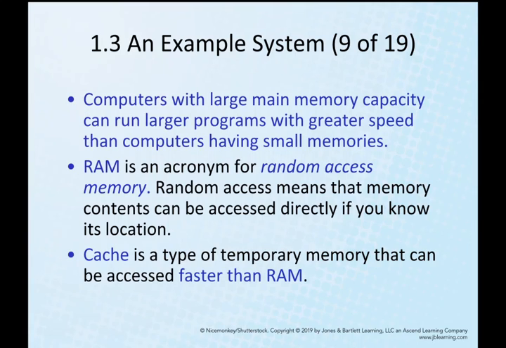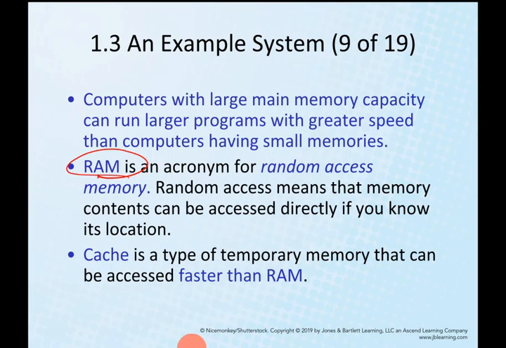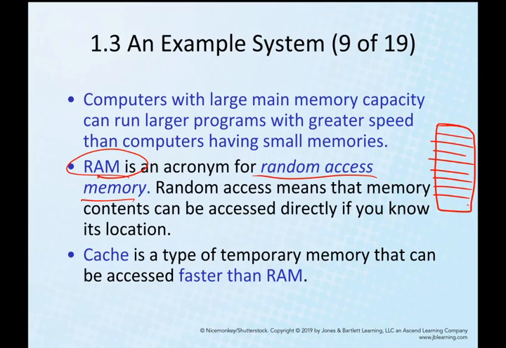Main memory is called RAM, which stands for Random Access Memory. What does random access memory mean? It means that the memory content can be accessed directly if we know the location. If the memory has different locations where data are stored, and we know the address of the data, we can directly access that data. So this one is RAM.